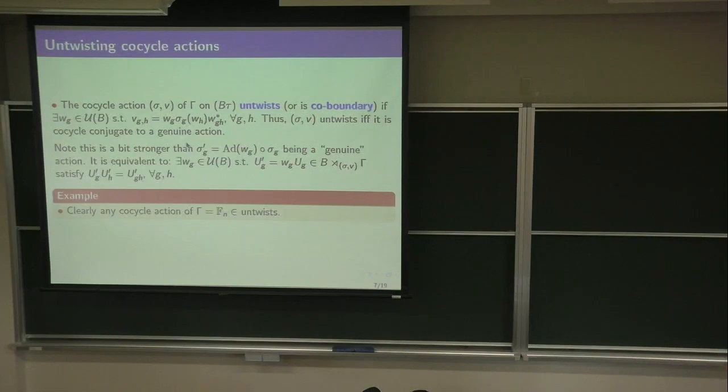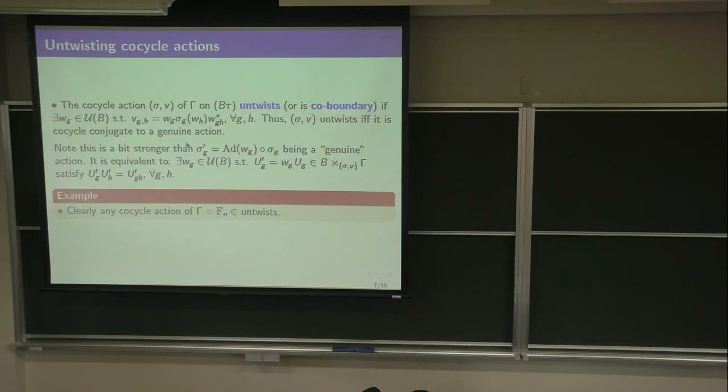And just to give you an example, I wanted to put this up very quickly because this is a non-amenable group that has no cohomology whatsoever. This is to keep in mind all the time, because we'll talk about untwisting two cocycles for amenable groups.